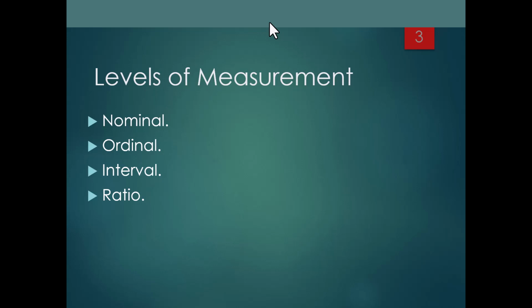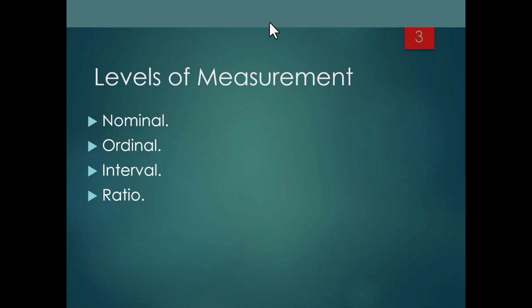At the interval level, if you're measuring temperature, you can have a score of 0, because the temperature can fall below 0 degrees. At the ratio level, however, you cannot have below 0 in terms of weight or height. You cannot say that somebody was 0 feet or 0 inches in height, or that someone was 0 pounds.